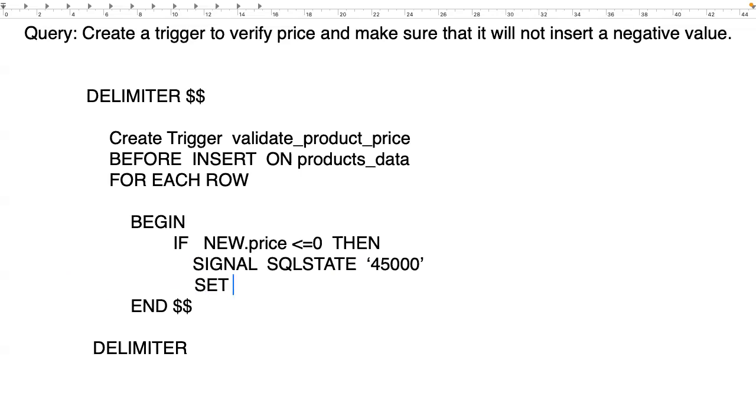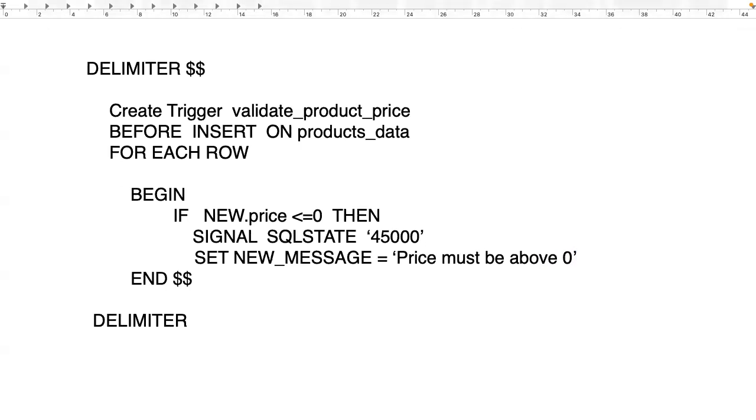SET NEW.MESSAGE = the message, Price must be above 0. That's the value we are giving. So this is the query we are defining, and the IF should end with END IF. We need to write the query.